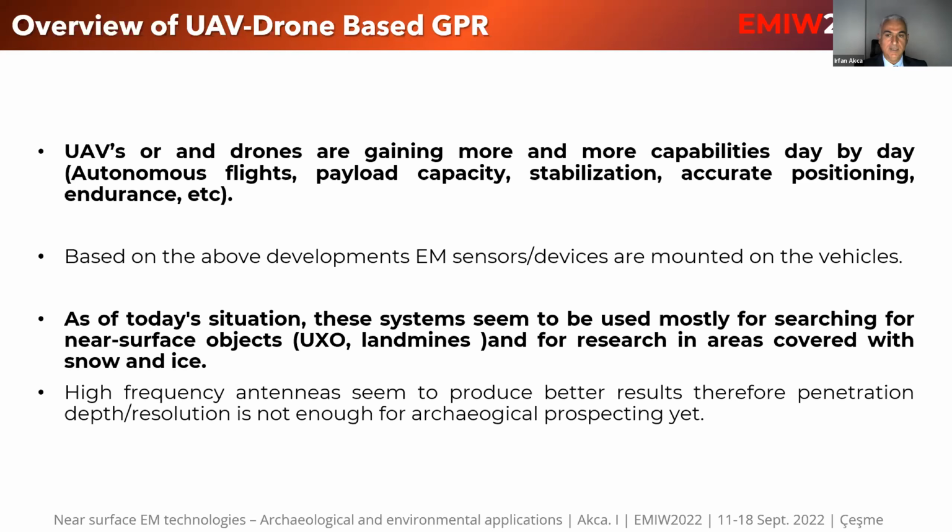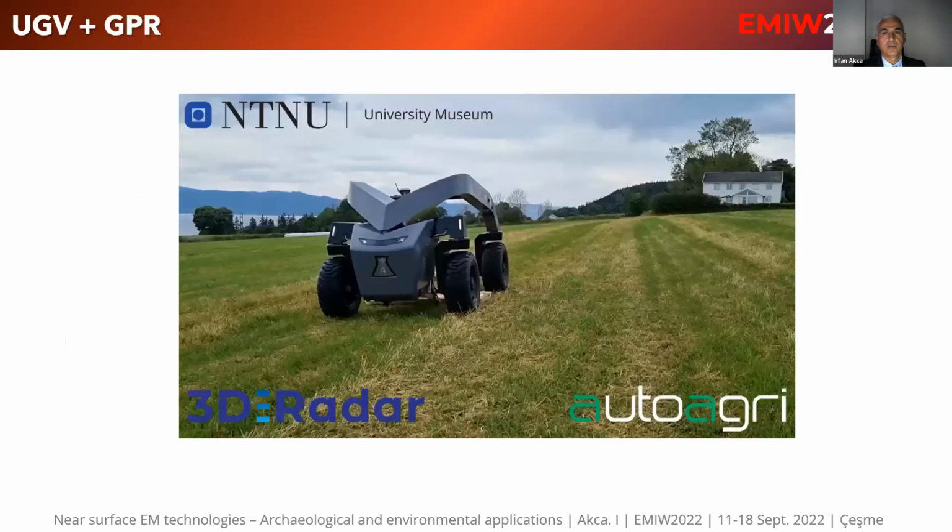This is because we need high frequency antennas, but they should also penetrate to a higher depth. So the problem is to produce an antenna with a good frequency range that also penetrates to the required depth.